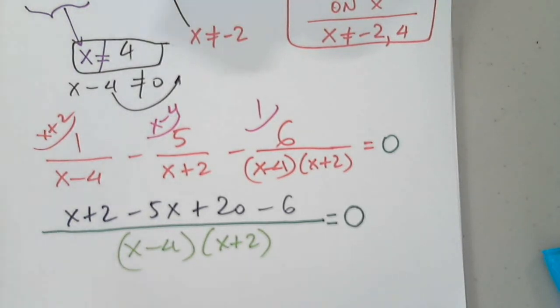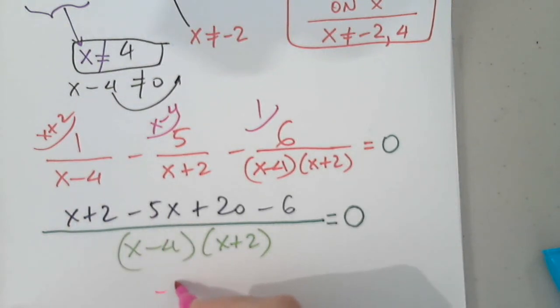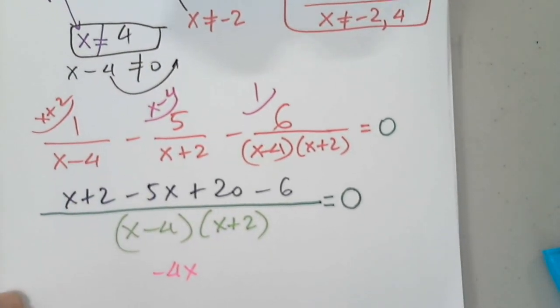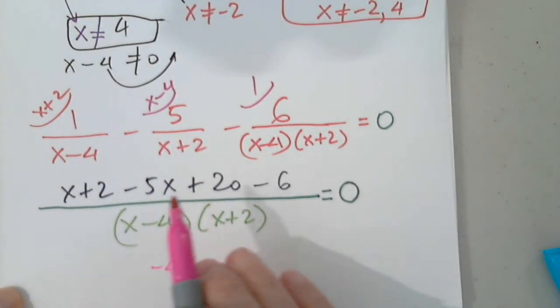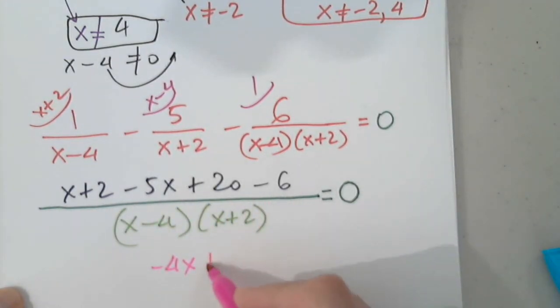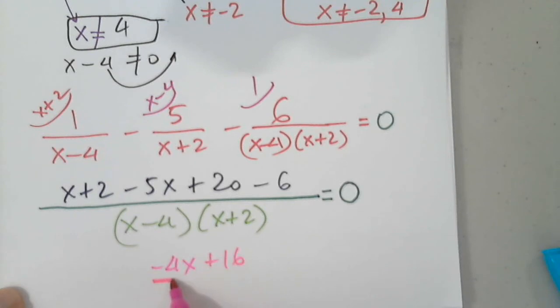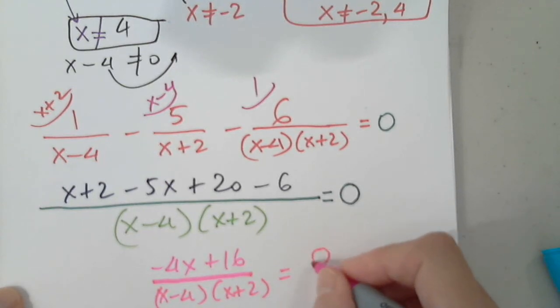At this point, I combine like terms. X minus 5x, negative 4x. Two plus 20 is 22. 22 minus 6 is positive 16. And everything divided by x minus 4 times x plus 2 equals 0, or 0 over 1.